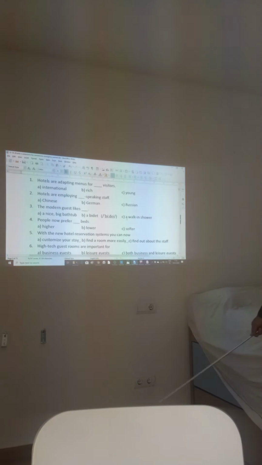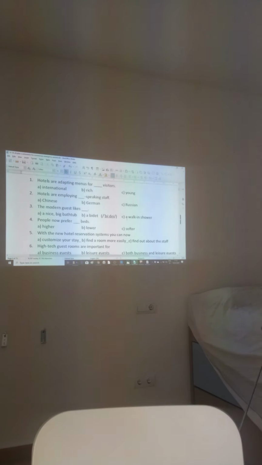4. People now prefer higher, lower, or softer beds. Choose one. 5. With the new hotel reservation systems, you can now A. Customize your stay, B. Find a room more easily, C. Averiguar, find out about the staff. Choose one. 6.